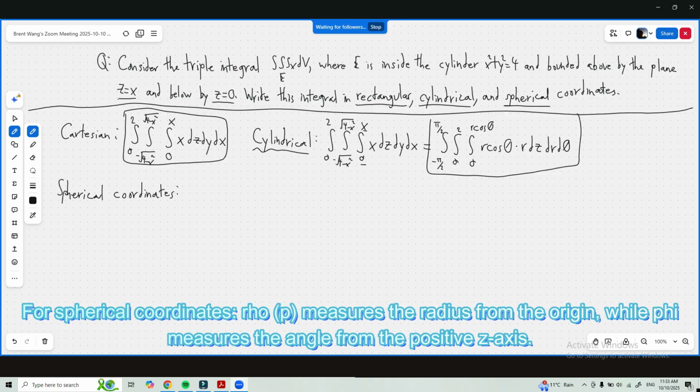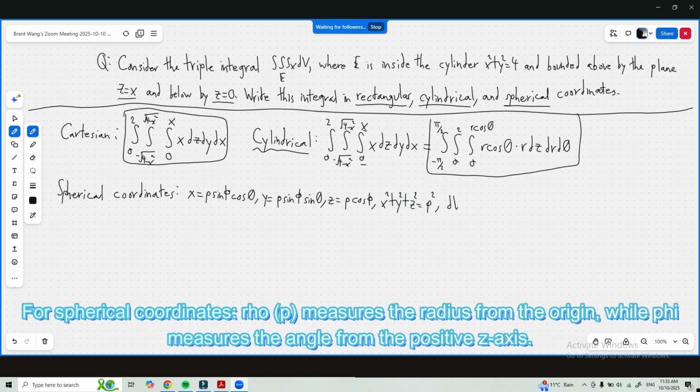So for spherical coordinates, you need to remember these 5 things. x is equal to rho sine phi cos theta. y is equal to rho sine phi sine theta. z is equal to rho cos phi. x squared plus y squared plus z squared is equal to rho squared.